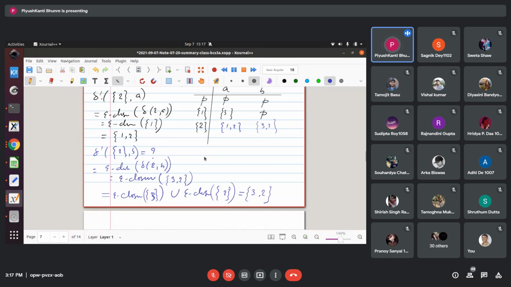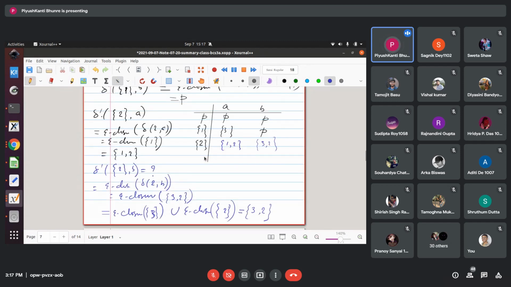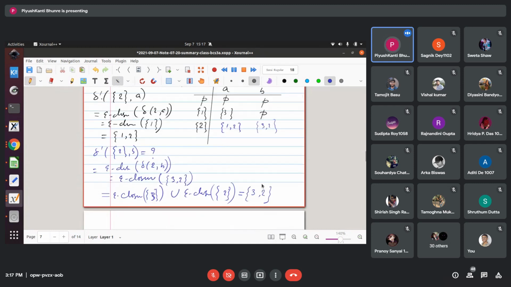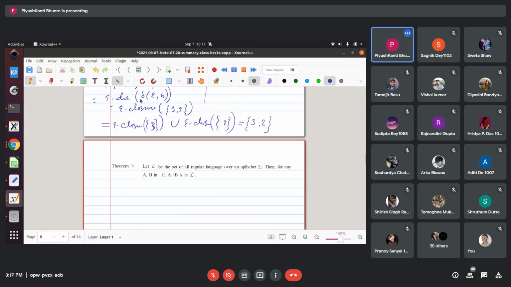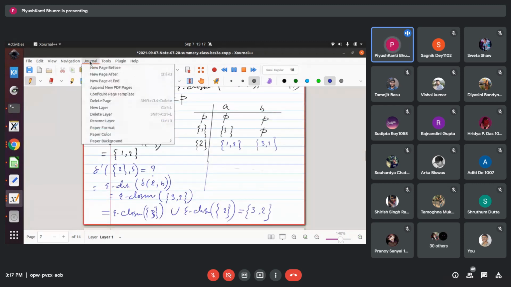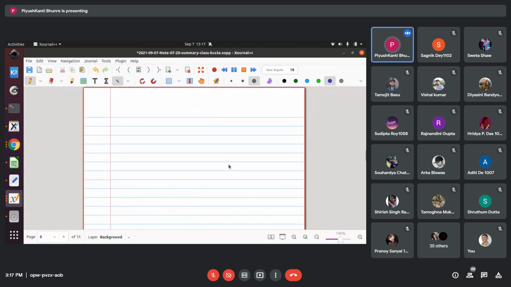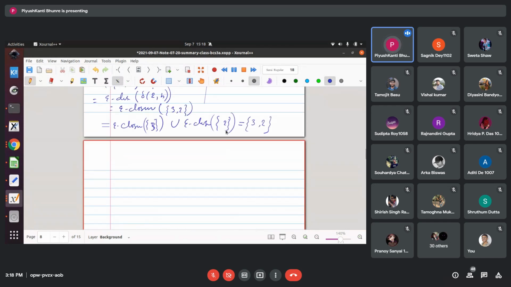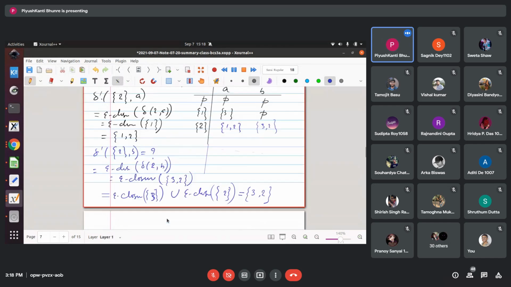Fine. So this is the way you can evaluate one by one, and you fill up the table. You fill up for all possible states. You will see a state transition diagram there, and using the state transition table you can draw the diagram.